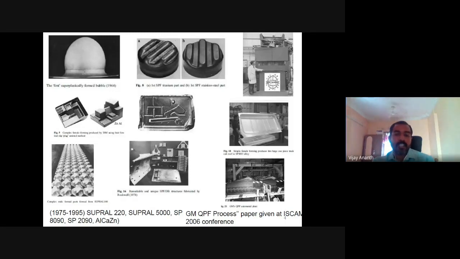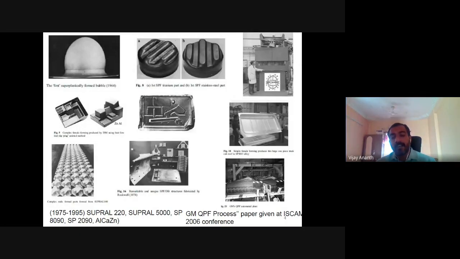Then after that, in the 70s, the first superplastic forming machine was developed. Then from 75 to 95, many aluminum alloys, Supral 2020, Supral 5000, so many aluminum alloys have been formed through this superplastic forming method. The next one is General Motors.